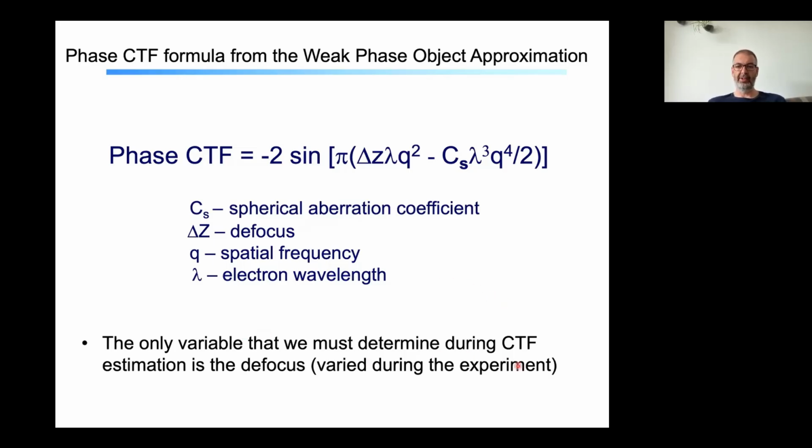Essentially the only thing that we need to determine accurately is the defocus that we've applied, because the rest of the terms we know: we know the electron wavelength, and we know the spherical aberration. And this essentially describes how each spatial frequency is going to be transmitted by the objective lens of the electron microscope.